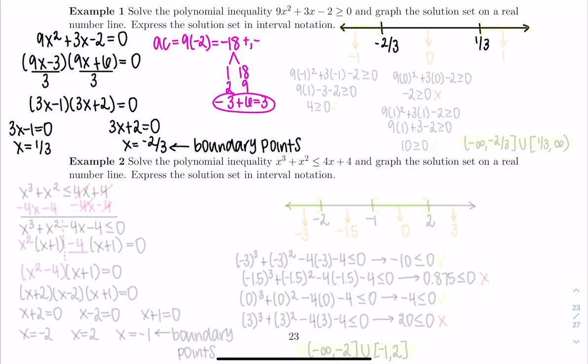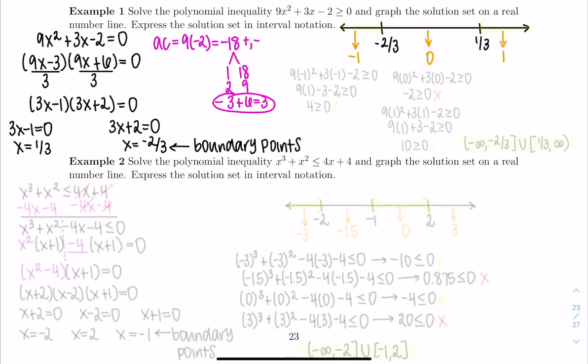You can just pick easier values to test. So let's pick the test point negative 1. We can pick 0, and we can pick 1. I'm just picking numbers that are easy to plug in.